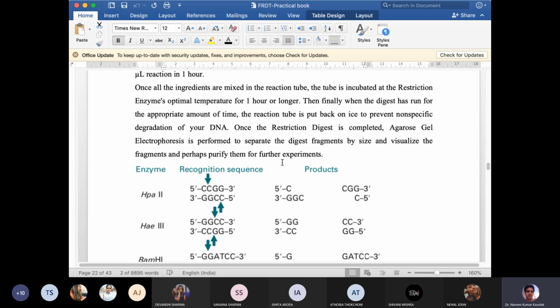So for that, how do you choose your restriction enzyme?